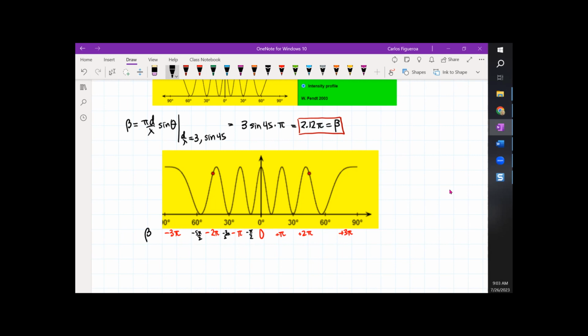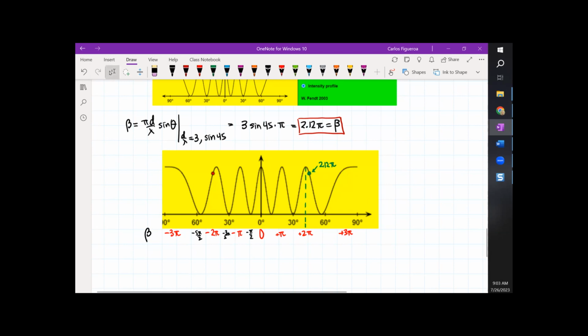This guy is at 2, so this is 2 pi. Guess what? That looks to me like that guy is 2.12 pi right there.